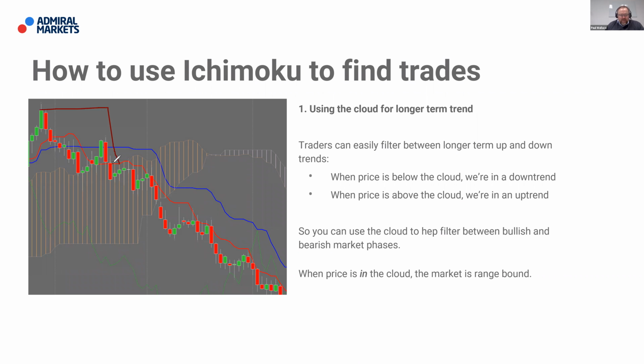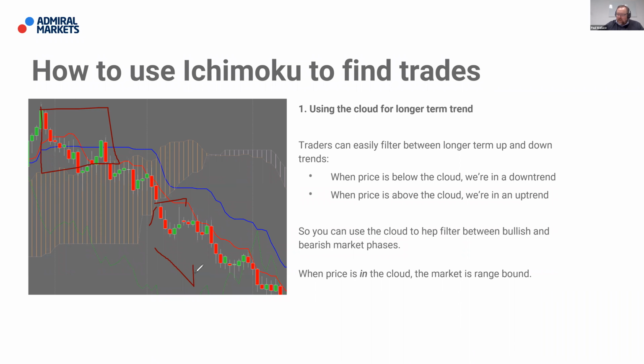So, when price is here, above the cloud, you're bullish. When we get beneath the cloud, well then we are bearish, and that becomes quite simple for us. That becomes a very simple way to use the cloud to give you some very quick market analysis.